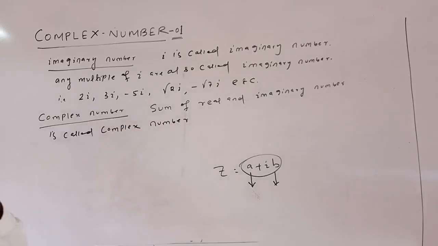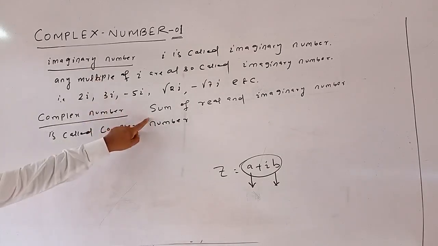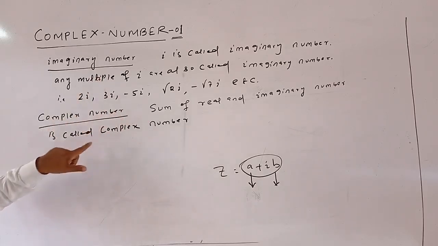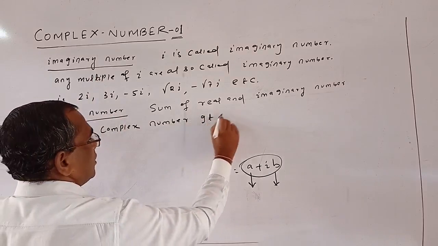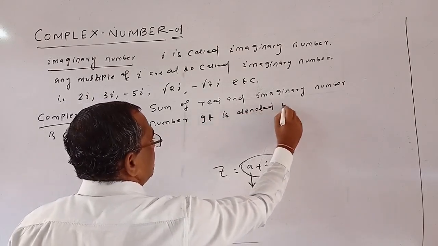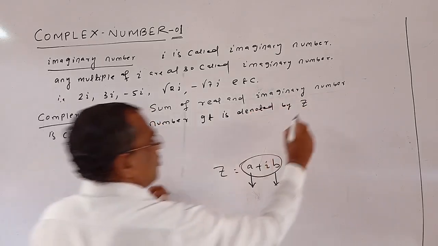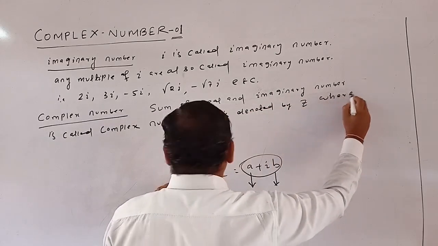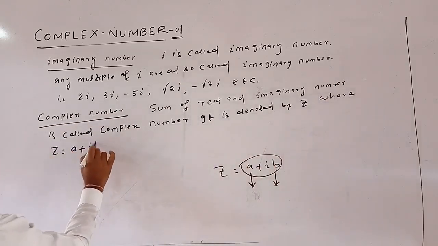Okay, do you understand what we mean by a complex number? The sum of a real and an imaginary number is called a complex number. It is denoted by small z, where z equals a plus ib.